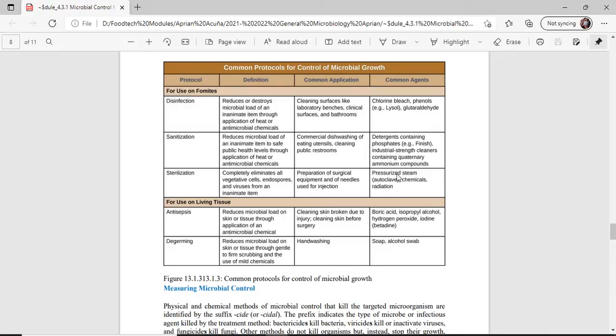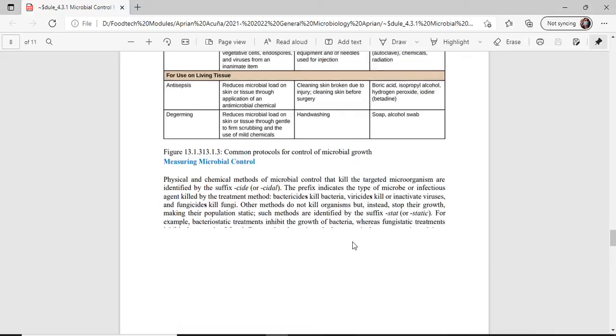Your sterilization uses pressurized steam, you have your autoclave and chemicals, and also radiation, which uses UV lights. Then for your living tissues, you have antisepsis, using boric acid, isopropyl alcohol, hydrogen peroxide, and also iodine or betadine, which is the best antiseptic. Then you have degerming, like hand washing.